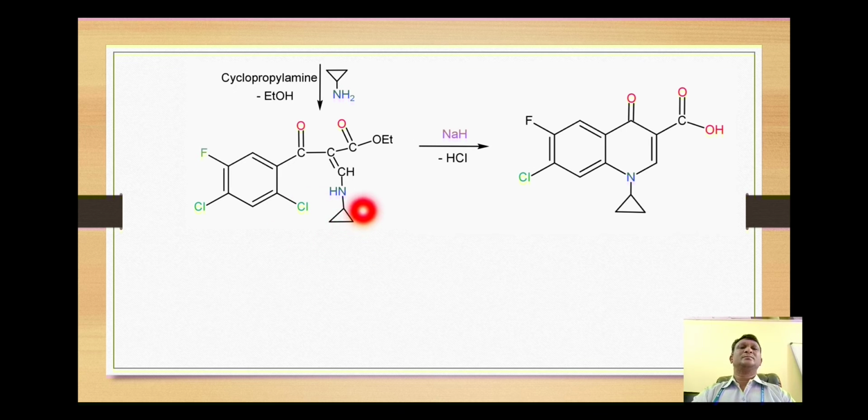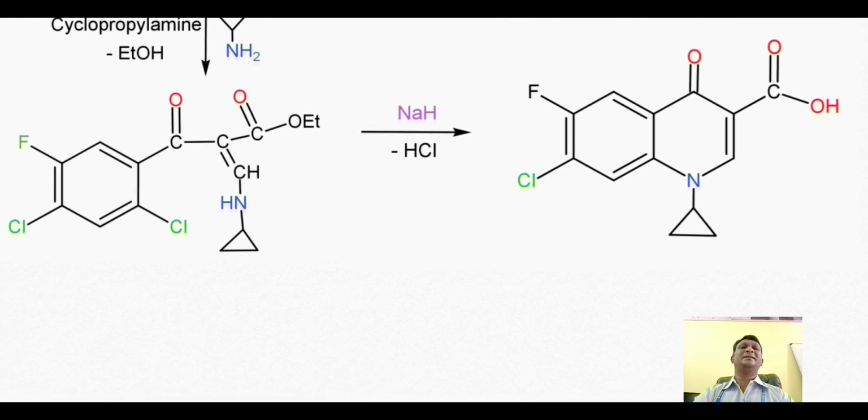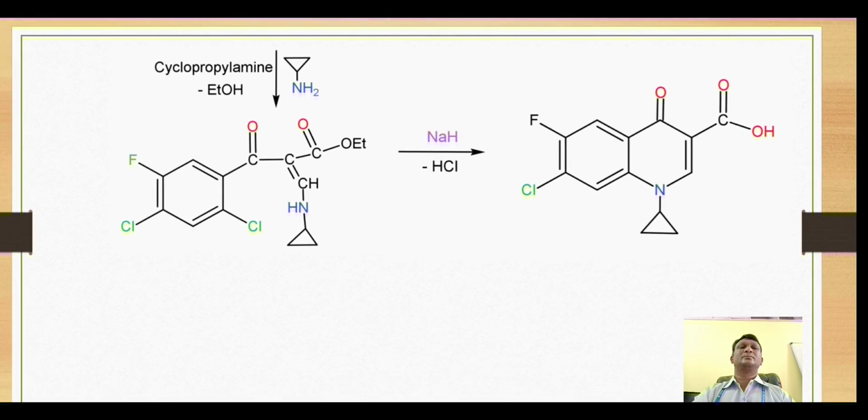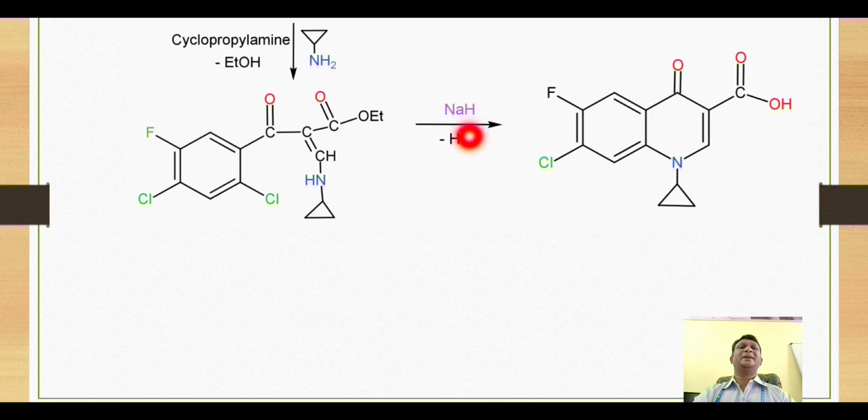When this derivative is treated with sodium hydride, that is NaH, the cyclization takes place. The cyclization takes place in such a way that this H and this Cl will be removed out as HCl, and this carbon then gets attached with this nitrogen.